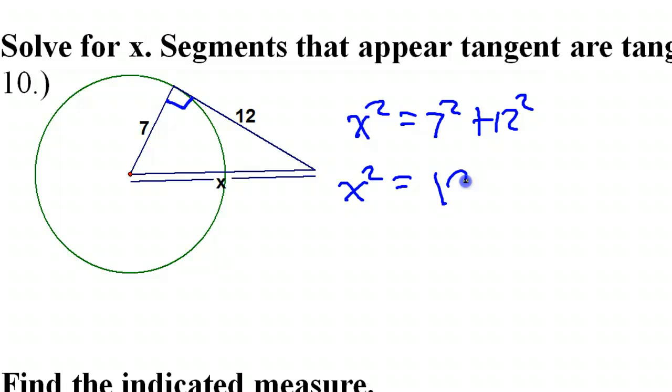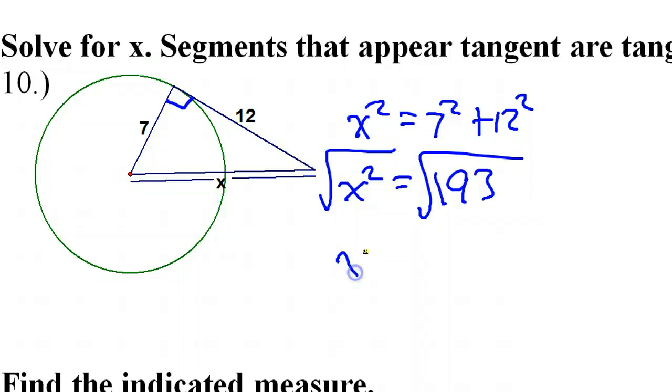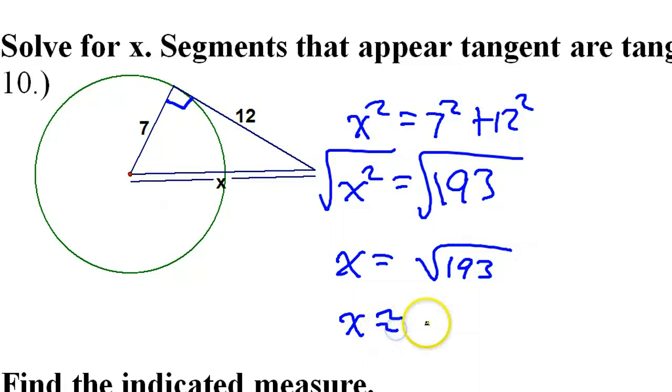That is 193. Take the square root of both sides. Square root of 193. Okay, so that doesn't simplify. So x is the square root of 193. Now in decimal form, that is approximately 13.89.